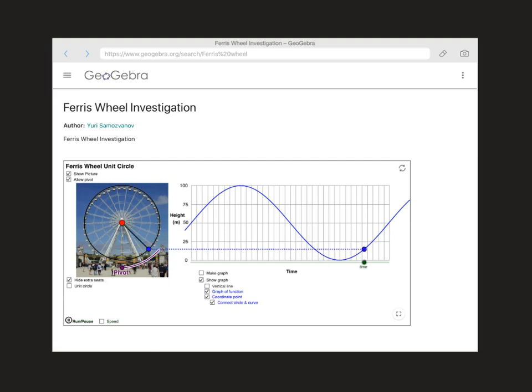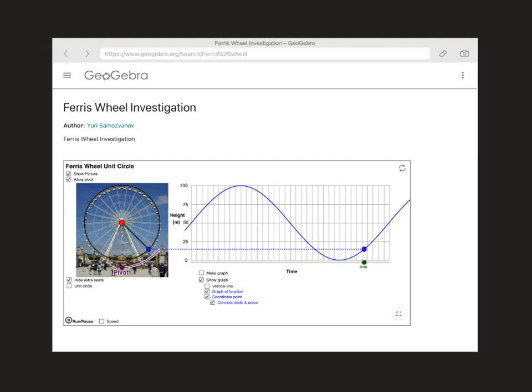That doesn't matter. All you need to use is whatever measurement they tell you and just refer to it as the height of the carriage. So that's how a circular motion that's going around and around and around is generating our sinusoidal curve.